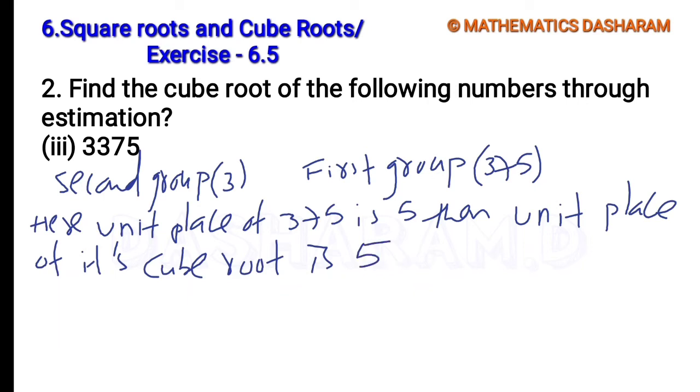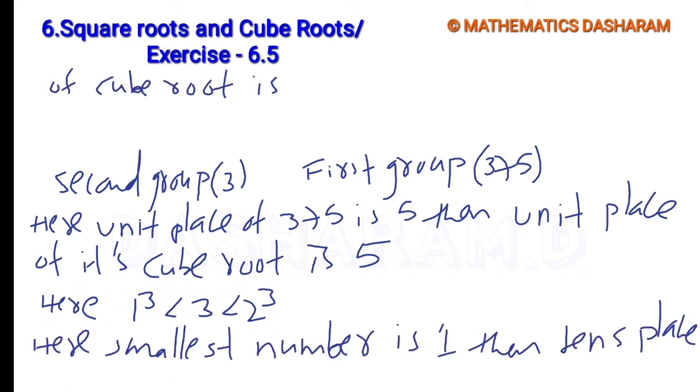Next, the second group number is 3, so 3 lies between 1 cube and 2 cube, because 1 cube is 1 and 2 cube is 8. The smallest number is 1, so the tens place of the cube root is 1.